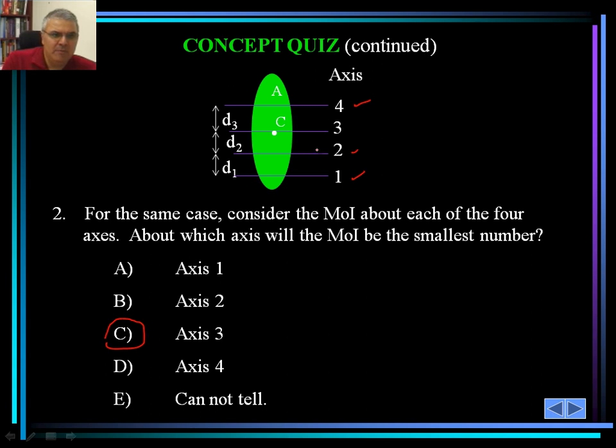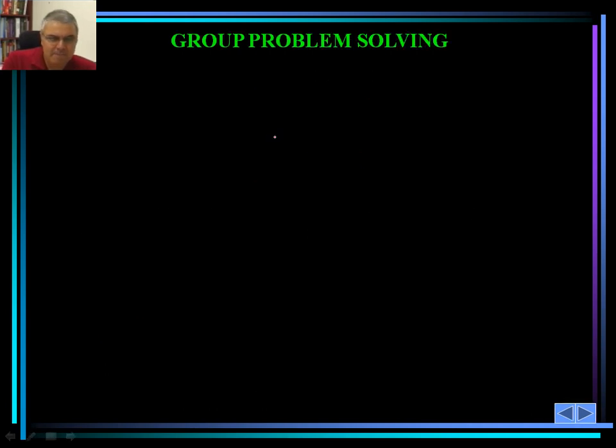So if we want to find the moment of inertia of A with respect to any other of these, 1, 2, or 4, then we would add some quantity to that. So the smallest value would be the moment of inertia with respect to an axis that goes through the centroid of the area.